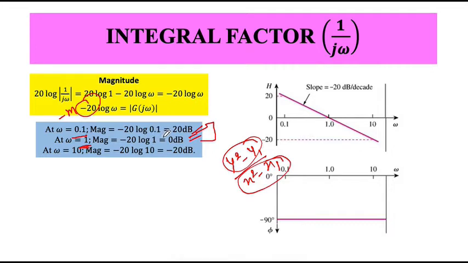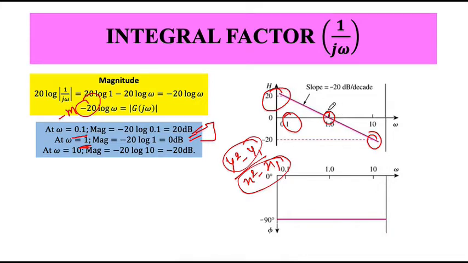So let's try to plot this. Let's say this is 20 decibel, this is 0, then this will be minus 20. Now from the plot, at omega equals 0.1 the magnitude is 20, so I am here.